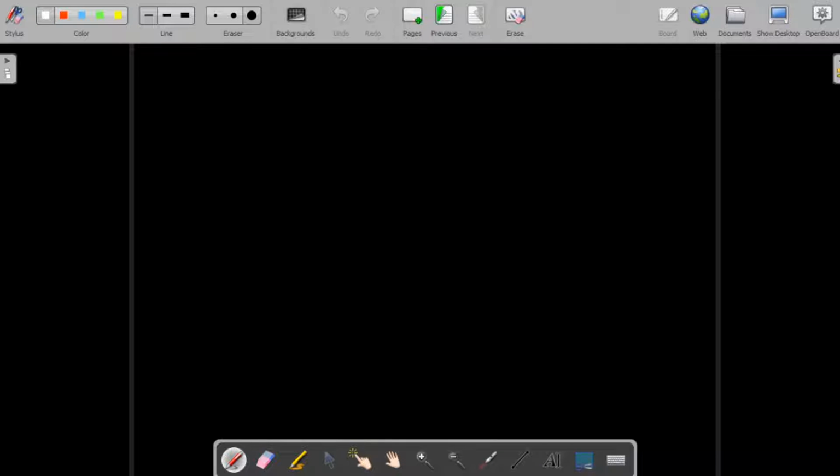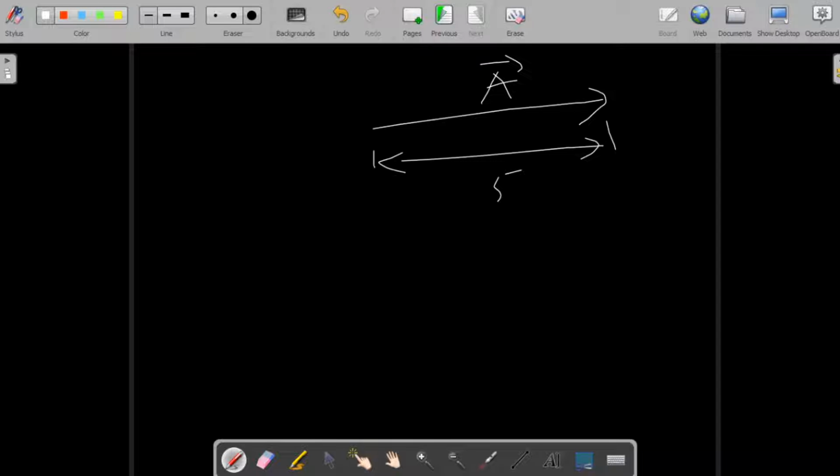If I know a vector, what do I mean by that? If I know the magnitude of this, how much it is, some value 5, and if I know the direction of this, so I know the end point and starting point, then you know how to represent a vector.